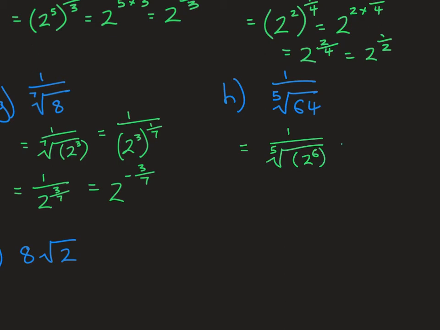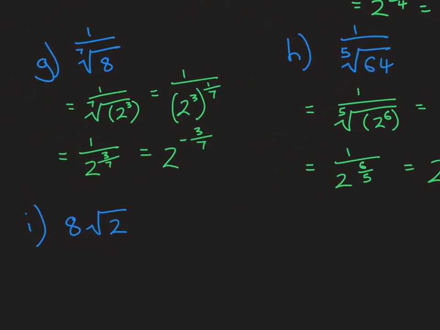Okay, so that's then going to equal 1 over 2 to the power of 6 to the power of 1/5. That's then going to be equal to 1 over 2 to the power of 6 on 5, which equals 2 to the negative 6 on 5.